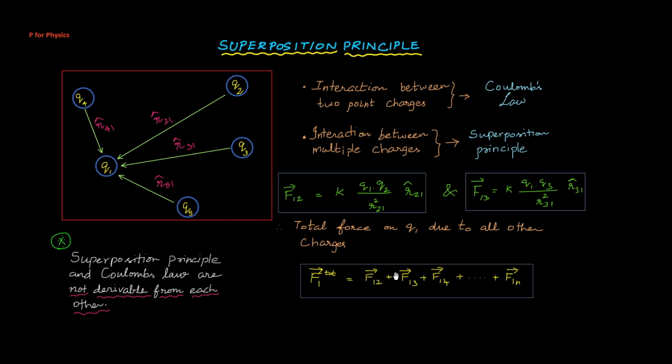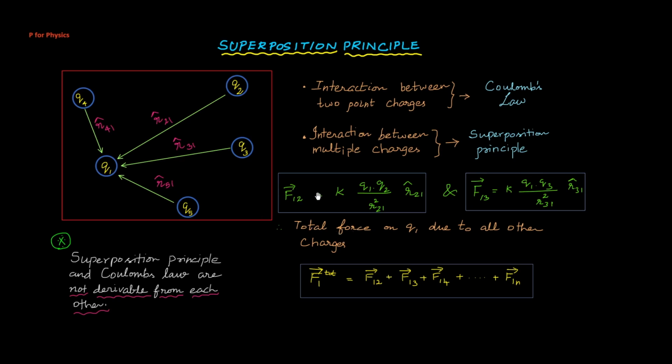So here every single force can be represented by an equation that we have written like this, and the vector sum of all these individual forces would give the total force experienced by Q1. So the force here we mean actually electrostatic force.